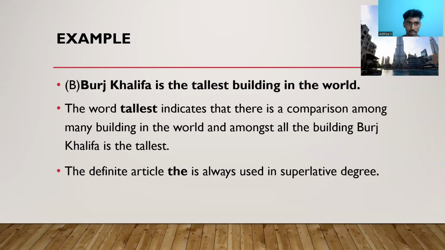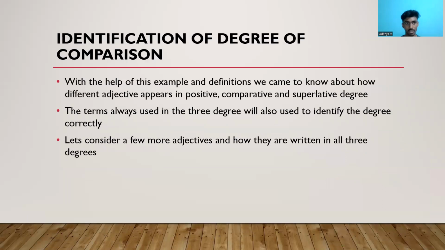Let us consider another example. Burj Khalifa is the tallest building in the world. The word tallest indicates that there is a comparison among many buildings in the world, and amongst all the buildings, Burj Khalifa is the tallest. The definite article the is always used in a superlative degree.